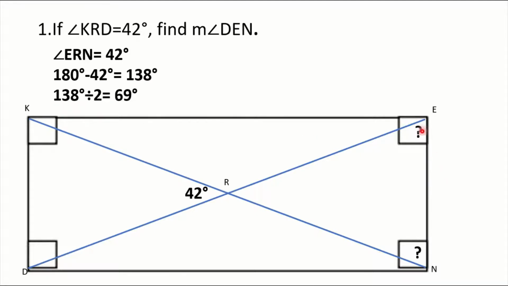Kasi dalawang angle yung nawawala and they are equal naman po. They are congruent, no? So, when you divide it, it will become 69. So, 69 is the answer. Ayan. Angle DEN is 69, angle KNE is also 69, and angle ERN, ito yun, angle dito is 42 degrees as well.